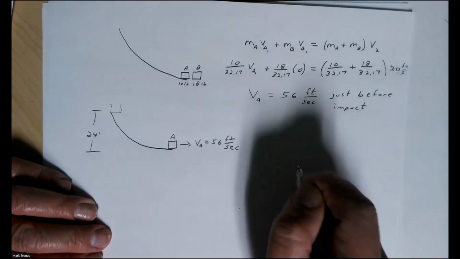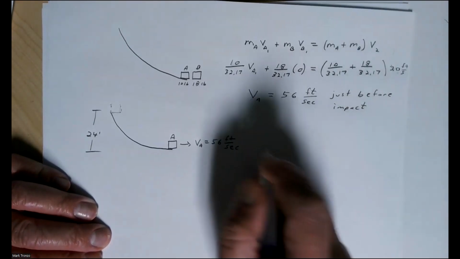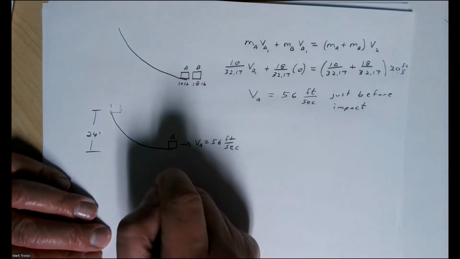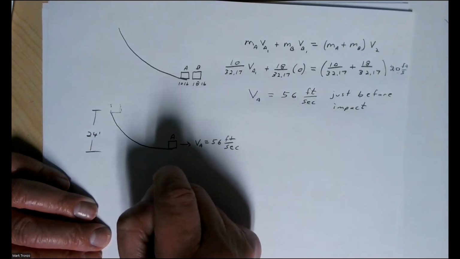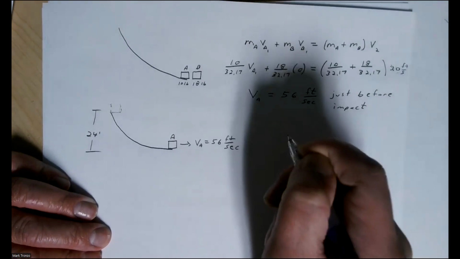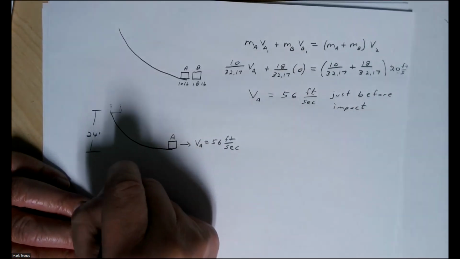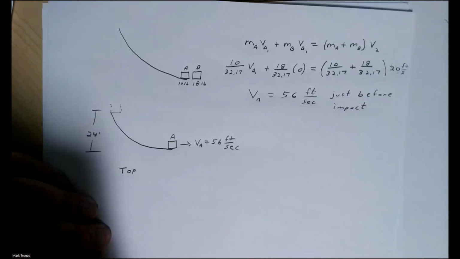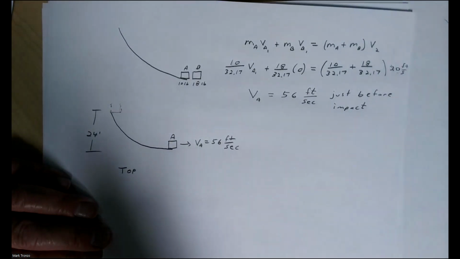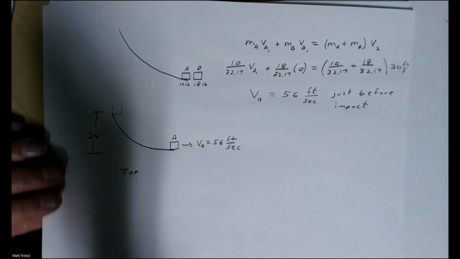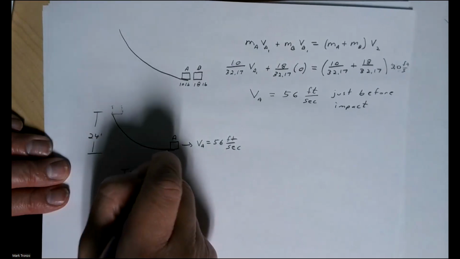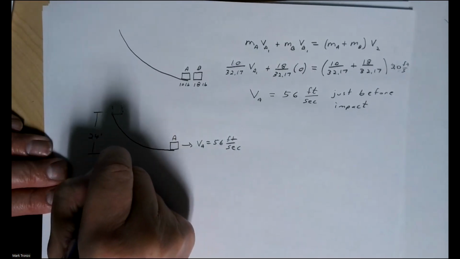Let's try conservation of energy. So let's say at the top, now we're going to need some kind of a datum line. Maybe we'll call the bottom here the datum.